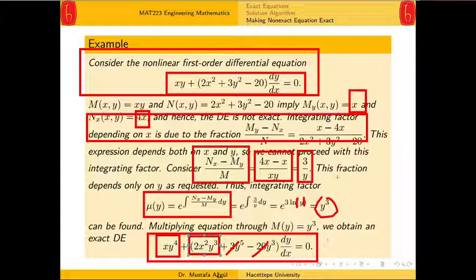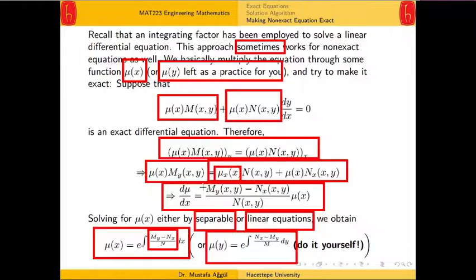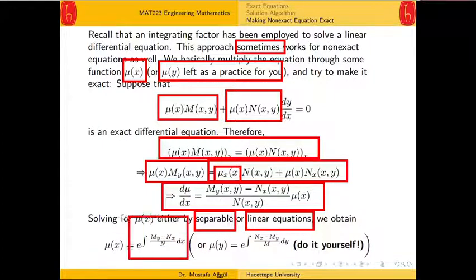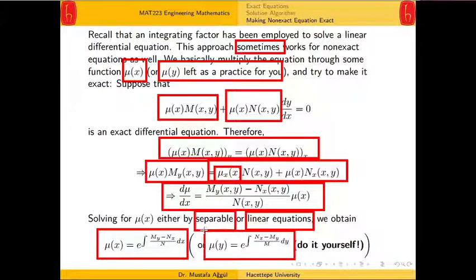The key point here, the concept of making a non-exact equation exact, is multiplying through with an integrating factor. This integrating factor could depend on either x or y, so we need to know both. In this case the one for x was not working and the one for y was the one we employed.